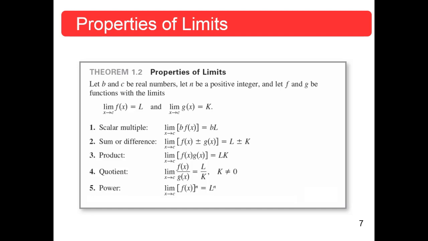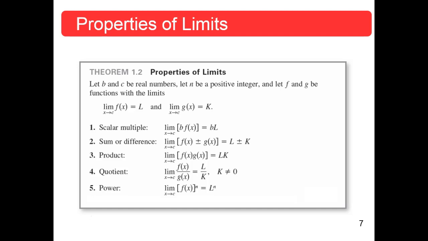If g of c is 0, that's a perfectly good thing for it to be, but then this doesn't have a limit because you'd be dividing by 0. Some number divided by 0. Can't happen. If that L was a 0, also, then that may be an indeterminate form, so you might have to do some other stuff to check.